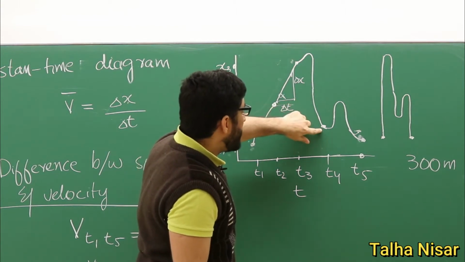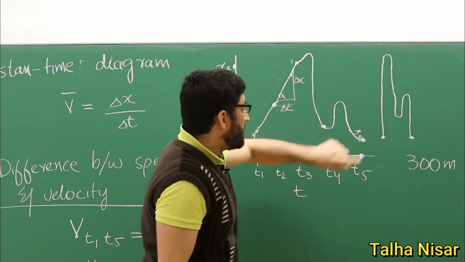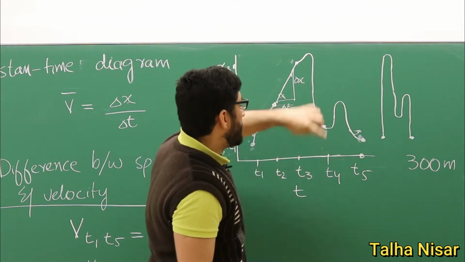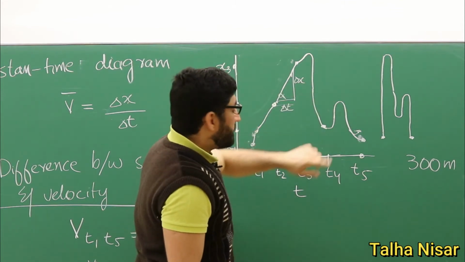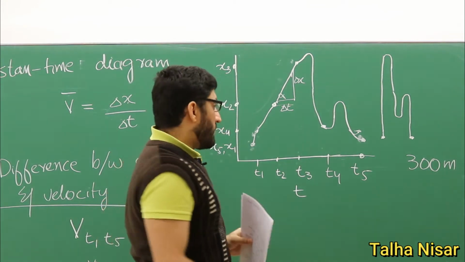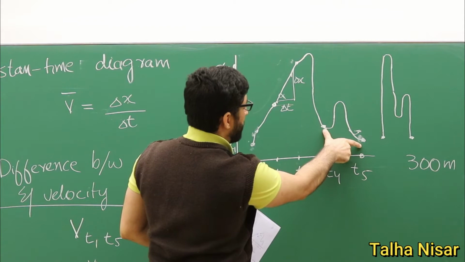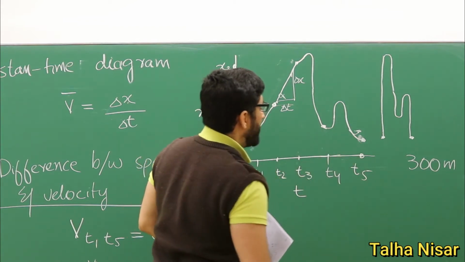And for example here, between T4 and T5, the motion is a little bit more complicated because it's going up and down. But if we take the average velocity, it will only tell us about the average velocity between these 2 points.